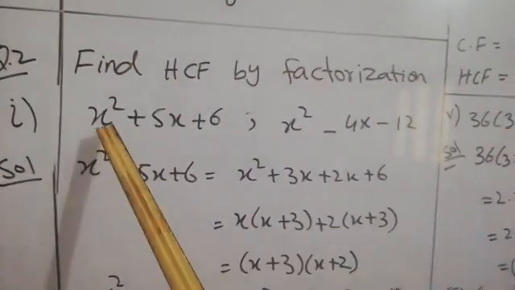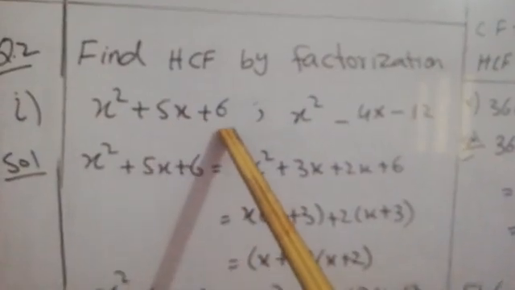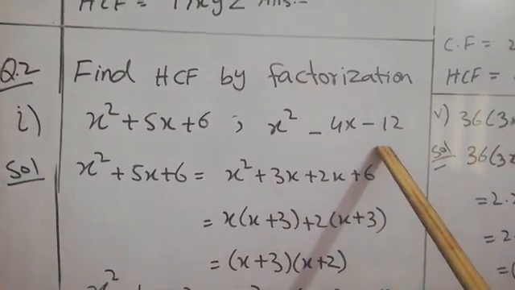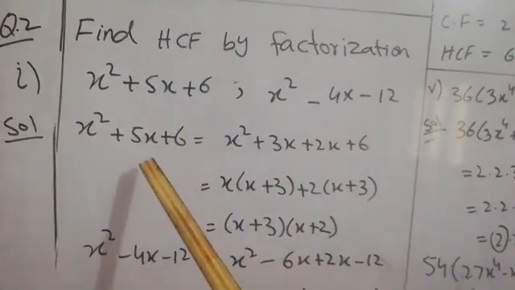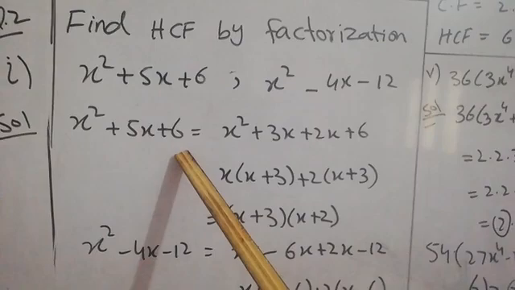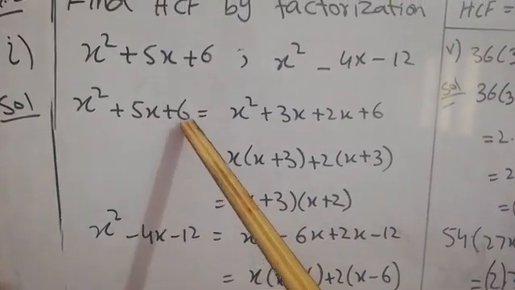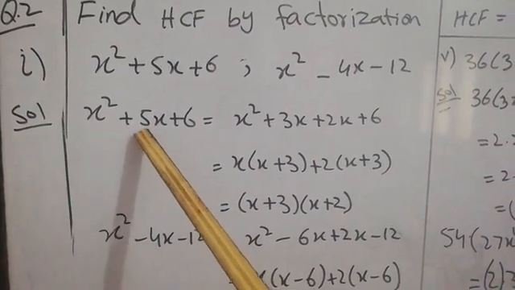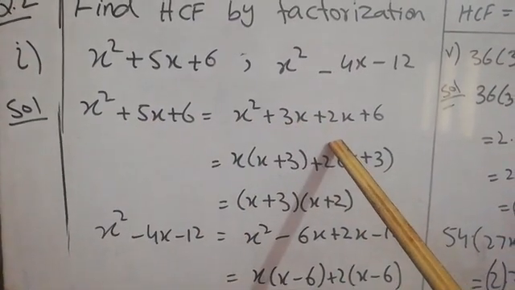First algebraic expression is x² + 5x + 6, and second algebraic expression is x² - 4x - 12. Dear student, first of all we will write x² + 5x + 6 and we will find the factors of this algebraic expression by breaking the mid term. 5x means 3x + 2x.